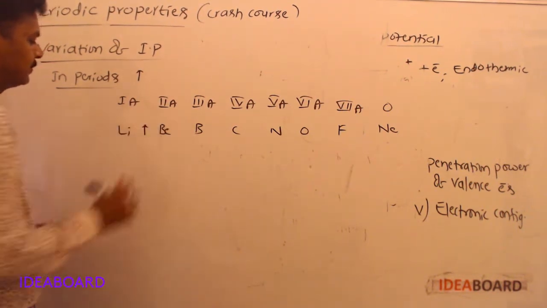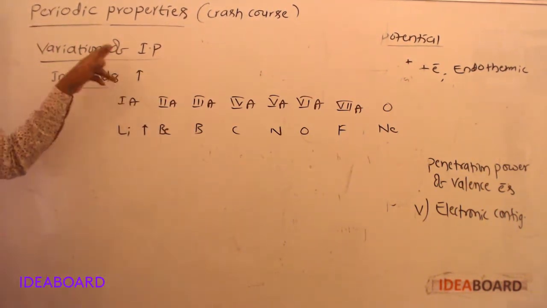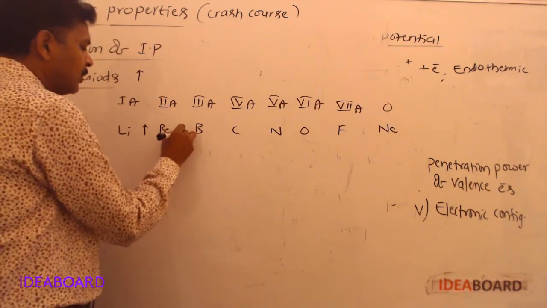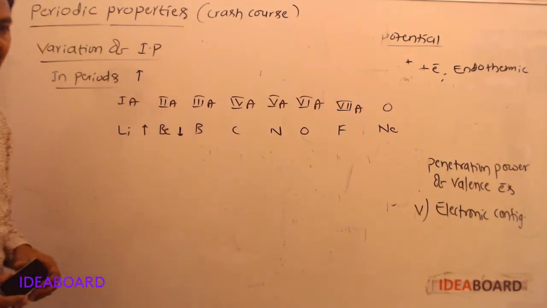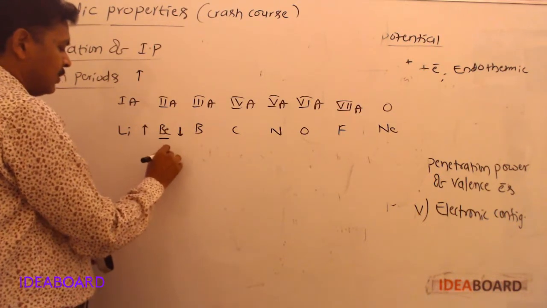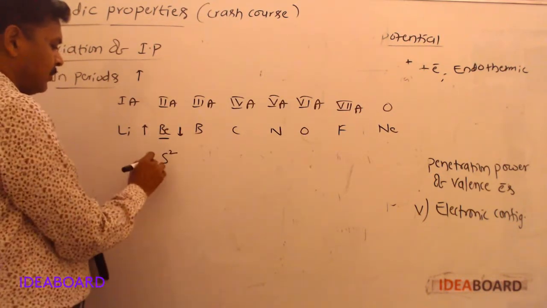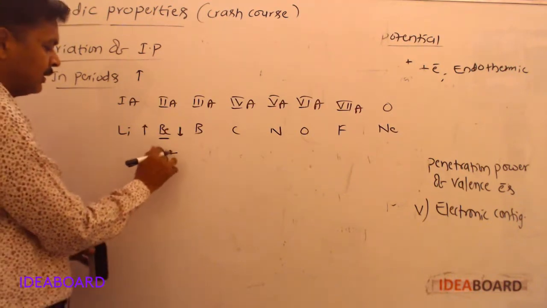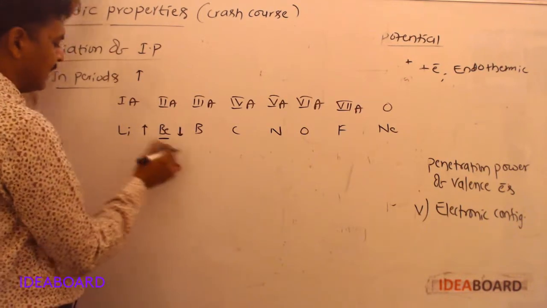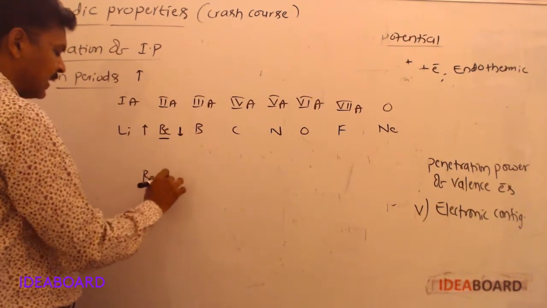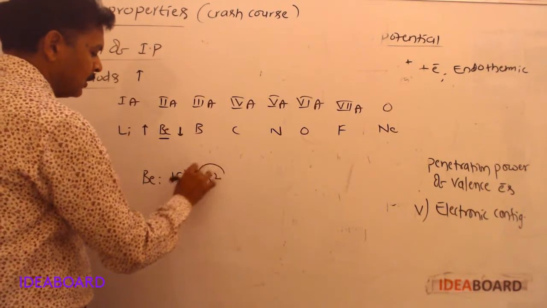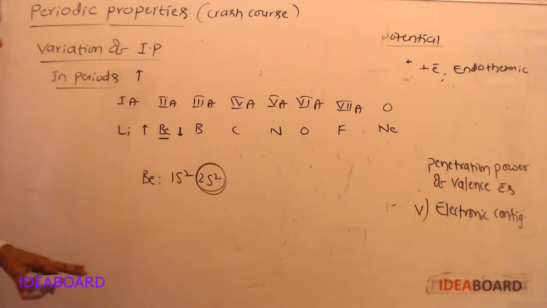Lithium to beryllium increases. In general it increases, but there are some exceptions. Beryllium to boron, IP decreases because beryllium has completely filled s orbitals, an s2 configuration. Beryllium is 1s2 2s2, valence configuration 2s2.